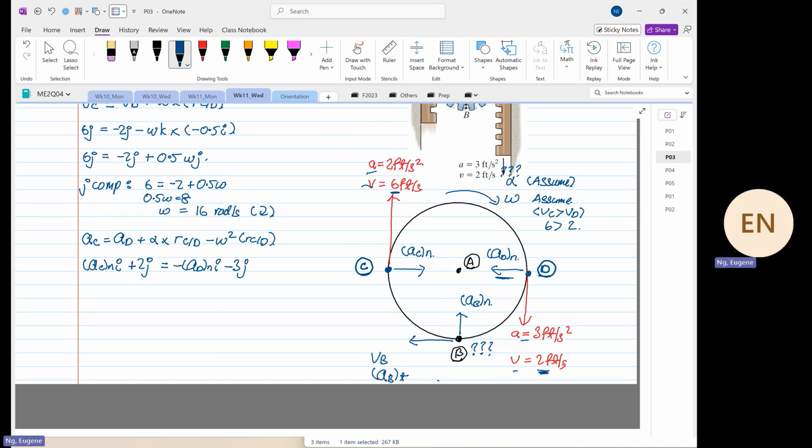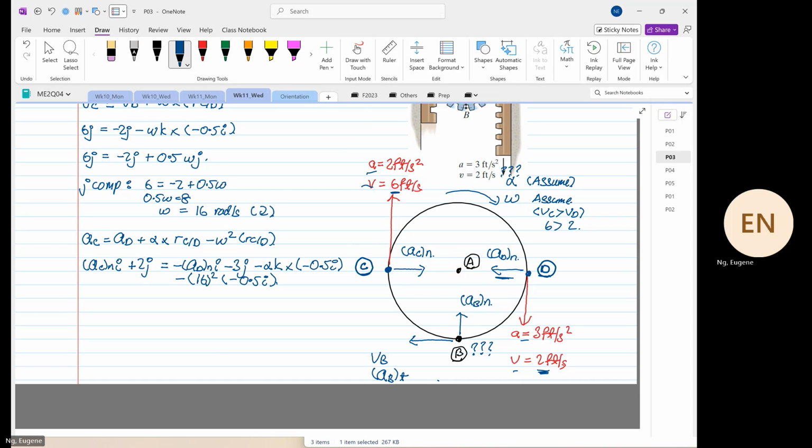Remember, we assume alpha to be going in the clockwise direction, so we have minus alpha K, then we cross our point C from point D, so this is minus 0.5 I. And then we have minus omega squared, so this is 16 squared, and then RC from point D, minus 0.5 I.